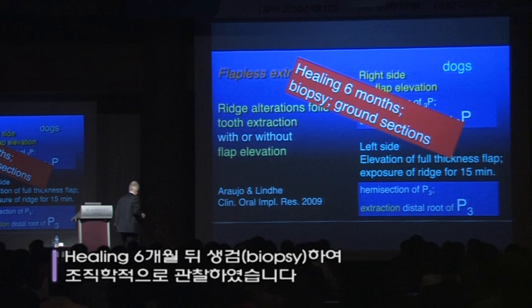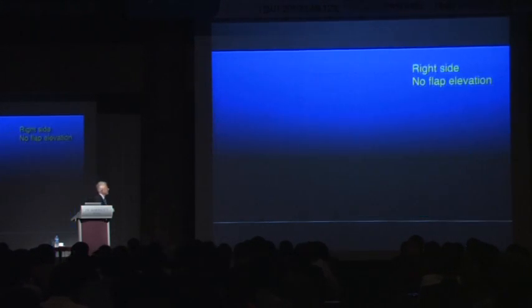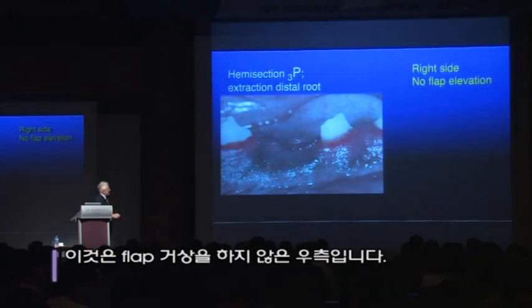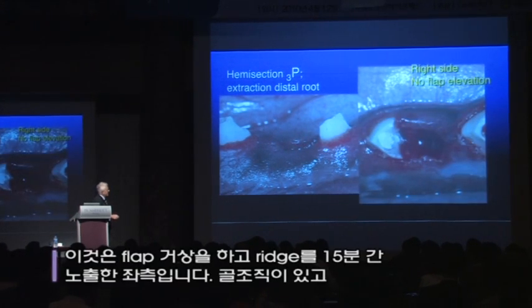We allowed healing for 6 months, after which we took our biopsies and prepared for ground sections. If possible, you can take out that line. This is now the right side with no flap elevation. And here you can see the distal root of this premolar has been removed.